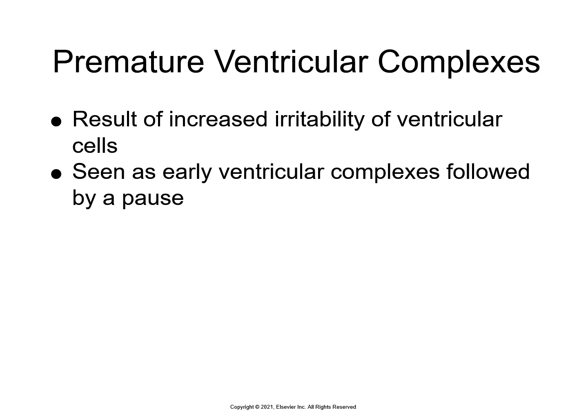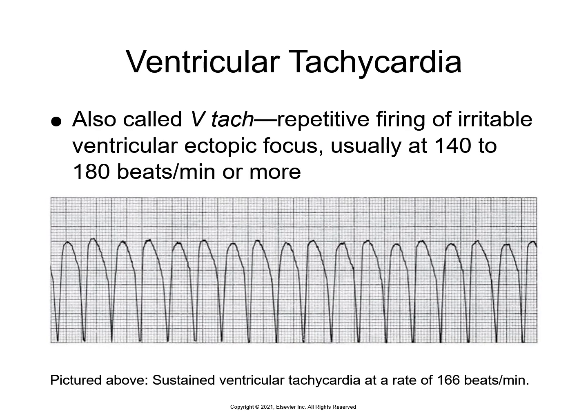This can cause this next dysrhythmia to happen. These premature ventricular complexes can cause V-tach. The ventricular tachycardia is a repetitive firing of irritable ventricular ectopic foci, or ventricular beats, and it's usually at 140 to 180 beats a minute or more. So you can count on the 6-second strip, you can count the complexes, and this one's at 166.